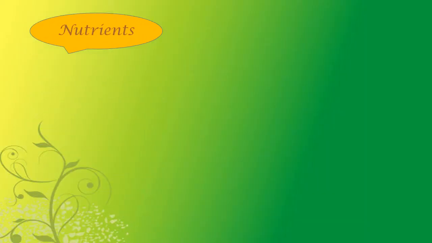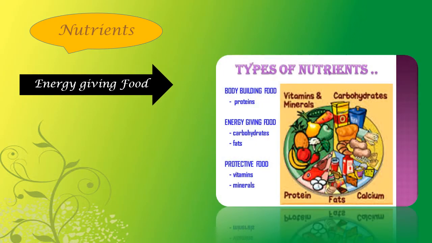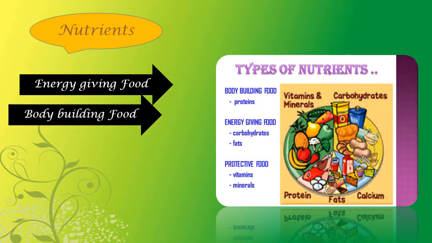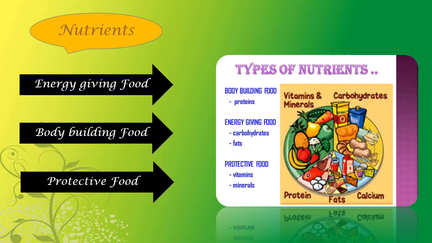Nutrients are classified into three major categories: energy giving food, bodybuilding food, and protective food. When we look at this picture, we can easily categorize: carbohydrates and fats come under energy giving food, proteins are bodybuilding food, and vitamins and minerals are protective food, as they protect us from all the disease causing agents.